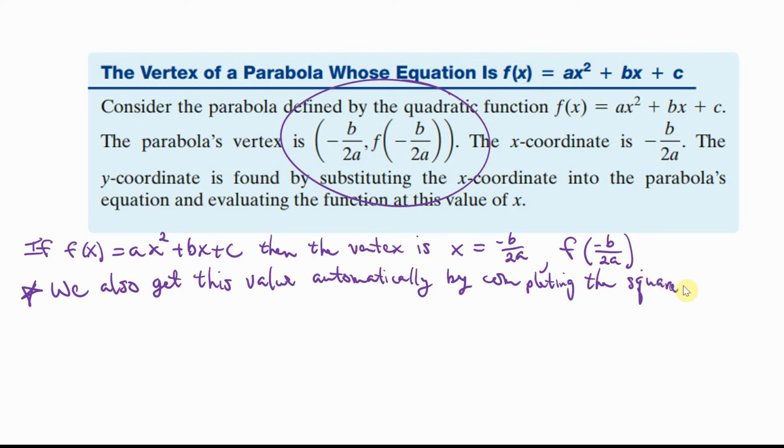And I will say this, you take your choice. If you want to be old school like me and complete the square and get the vertex, that's fine. If you want to use this formula, if you can memorize that, I'm cool with that.